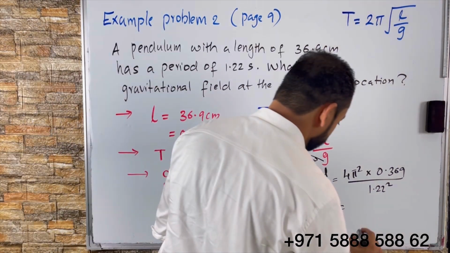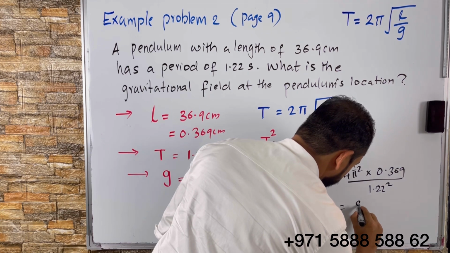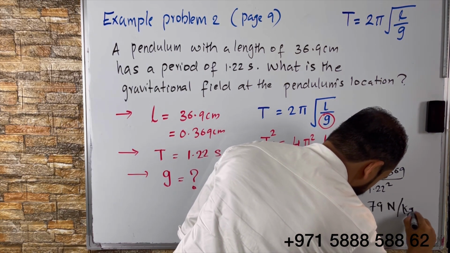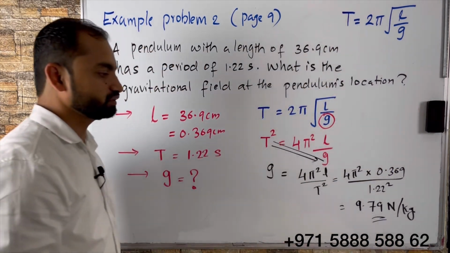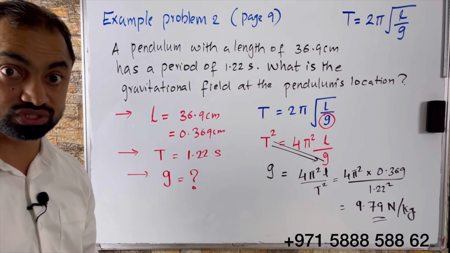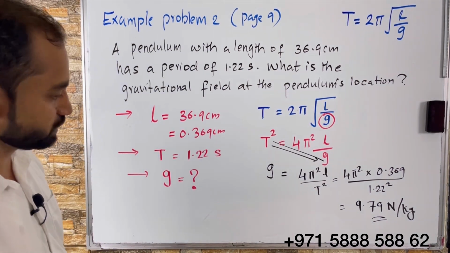So 9.79 Newton per kilogram. That is a unit for gravitational field strength, or you can write meter per second squared also, because G is acceleration due to gravity.